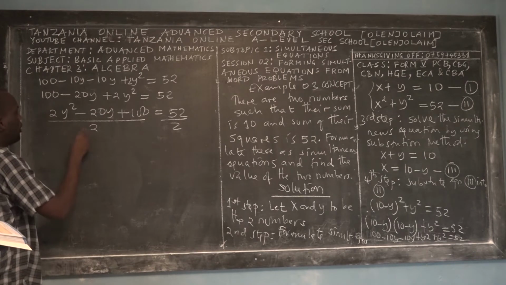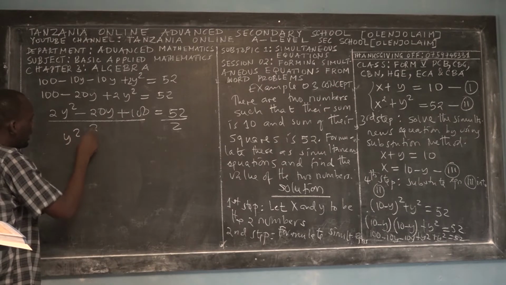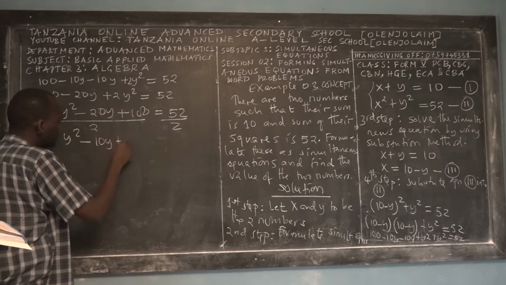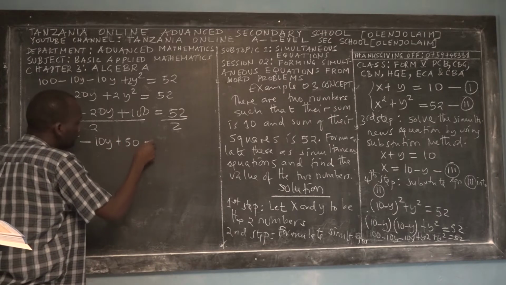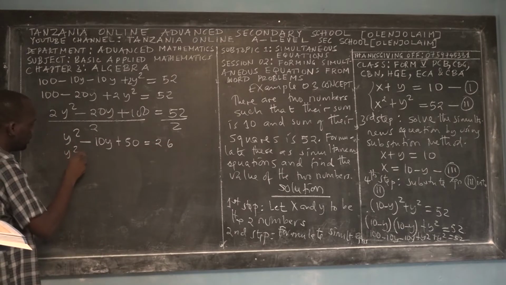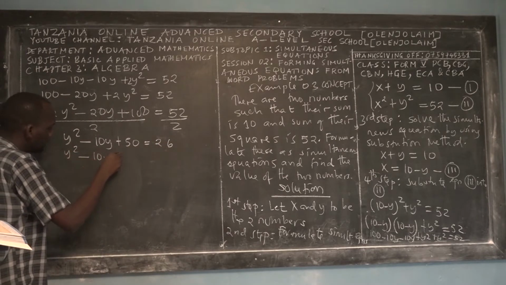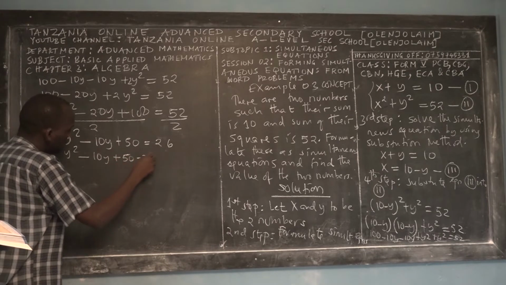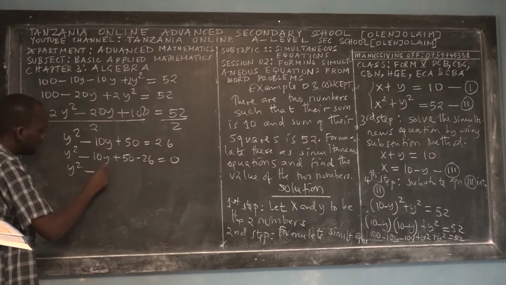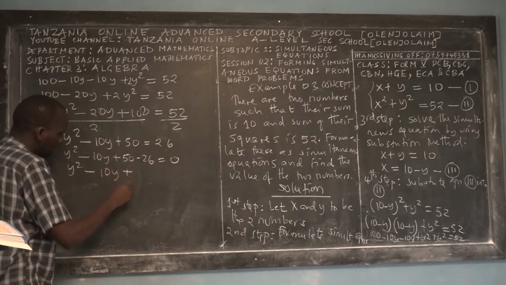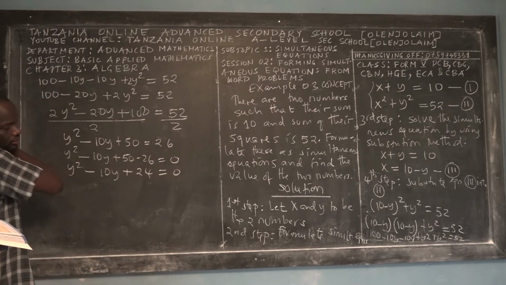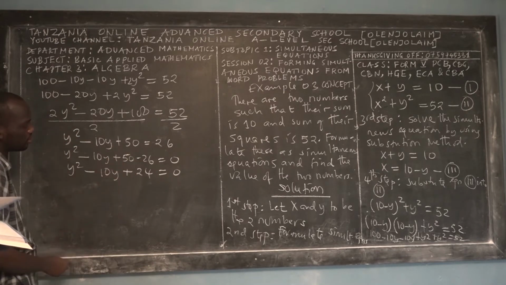So 2 over 2 gives us y, 20 over 2 gives us 10, 100 over 2 gives us 50, and 52 over 2 gives us 26. Bring 26 to this side, so y squared minus 10y plus 50 minus 26 is equal to 0. So you see the mistake that I made, excuse me. This makes 24 is equal to 0. Right? So 24 plus 26 is equal to 50.